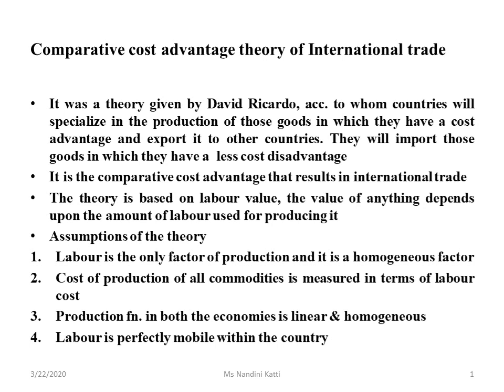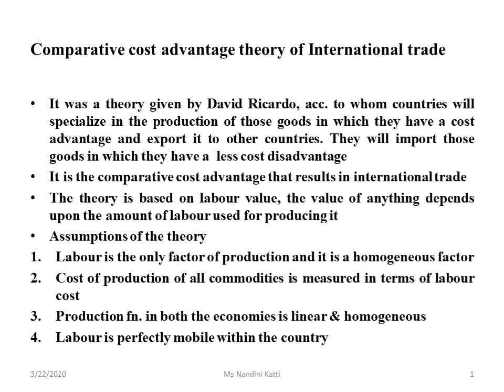The assumptions of the theory are purely based on the perfect competitive market, as a result of which we have a 2 by 2 model, that means 2 countries and 2 commodities. Ricardo considers labor as the only factor of production and it is a homogeneous factor.